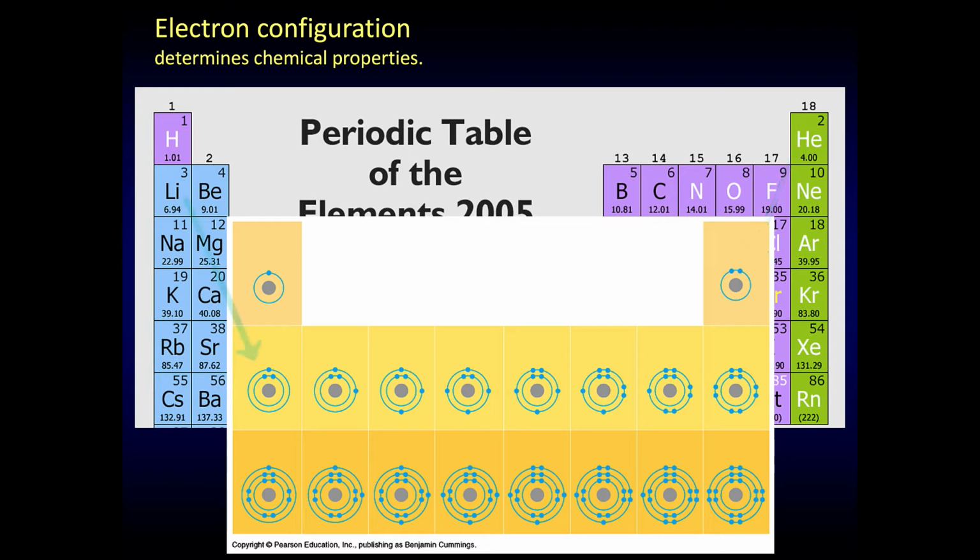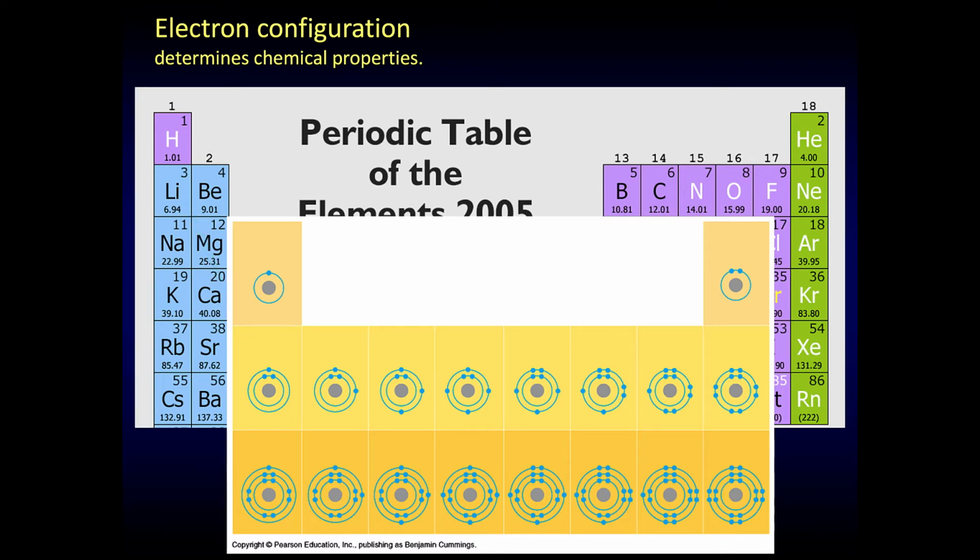Now we move to lithium, atomic number 3, in the next row. It has how many protons? Yes, 3. And how many electrons? Yes, 3. Those electrons are 2 in the first shell, 1 in the second shell.